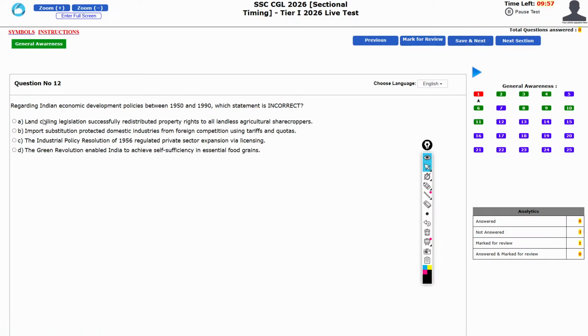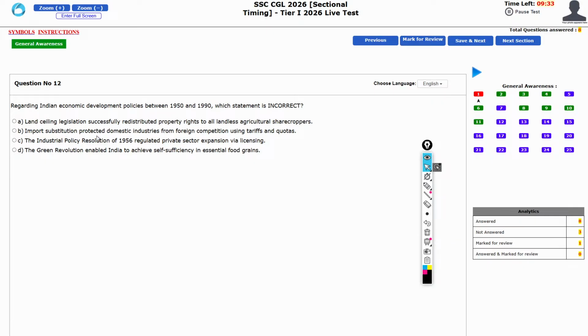Now they're asking regarding the Indian economy. I've got 9 minutes left and 13 questions. Land ceiling legislation successfully redistributed registered rights to all landless agricultural shareholders. To all, okay, extreme keyword, but let's see.